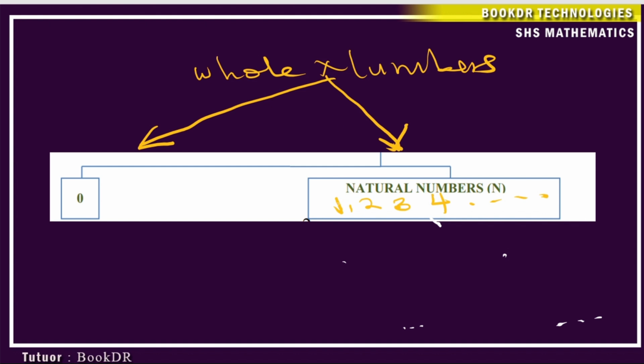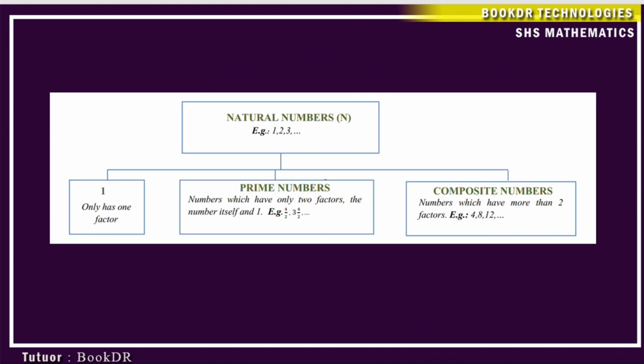The natural numbers are also known as the counting numbers. We can also group the natural numbers into three broad regions. One standing alone, then we have prime numbers, then we have composite numbers.